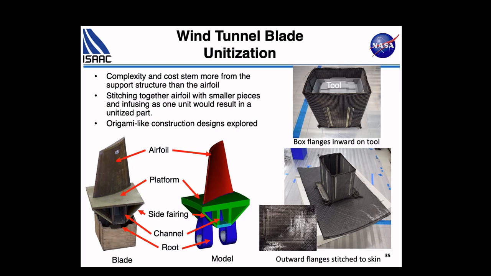If you think about how these, you can see here, think about taking a piece of paper and folding it like origami into whatever shape you want. That's what we can do here. We can take that sheet of dry carbon fabric and stitch it one way, fold it, stitch it a different way, and then you can get to whichever shape you're looking for.